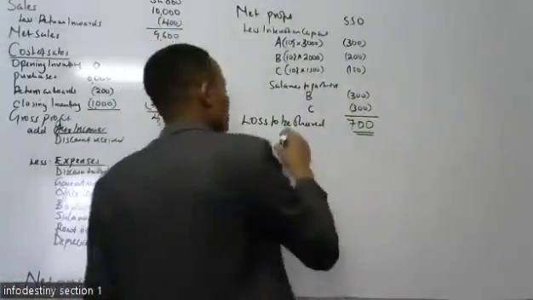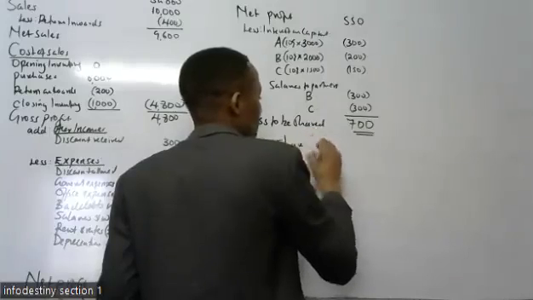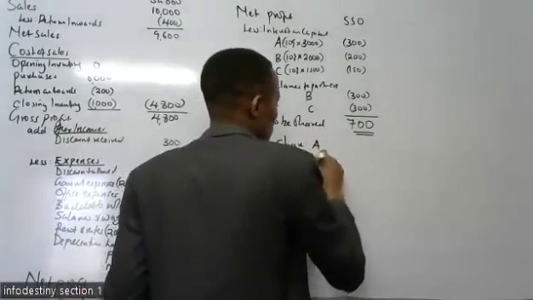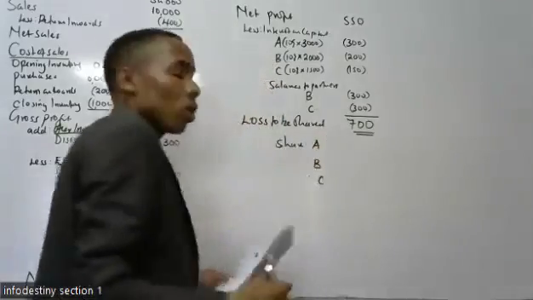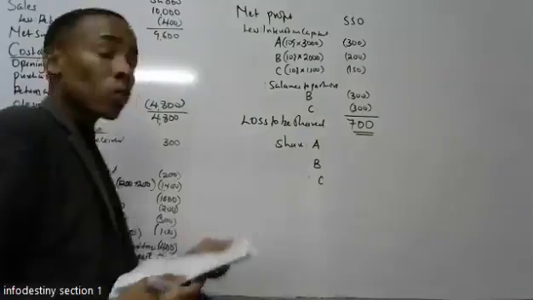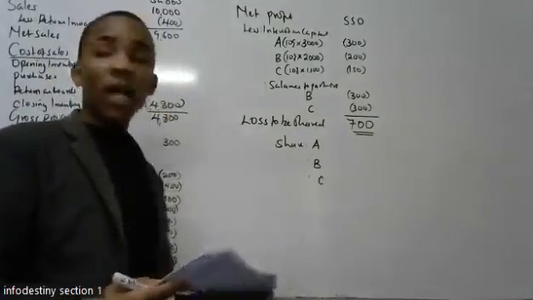Then we share that loss now among the partners. We share it among Andrew, Ben, and Carol, using the ratio 3:1:1. So that's a total of 5.